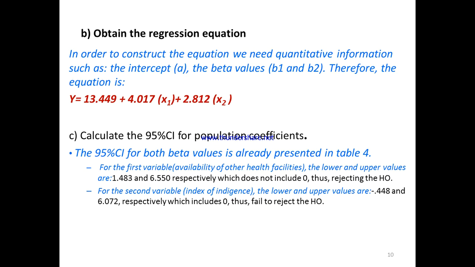For the second one, it includes 0. The lower value for the beta is minus 0.448, and the upper one is 6.072, and therefore this does include the 0 value, so we cannot reject the null hypothesis. That's why we concluded that the wealth index is not a predictor of admission rate.